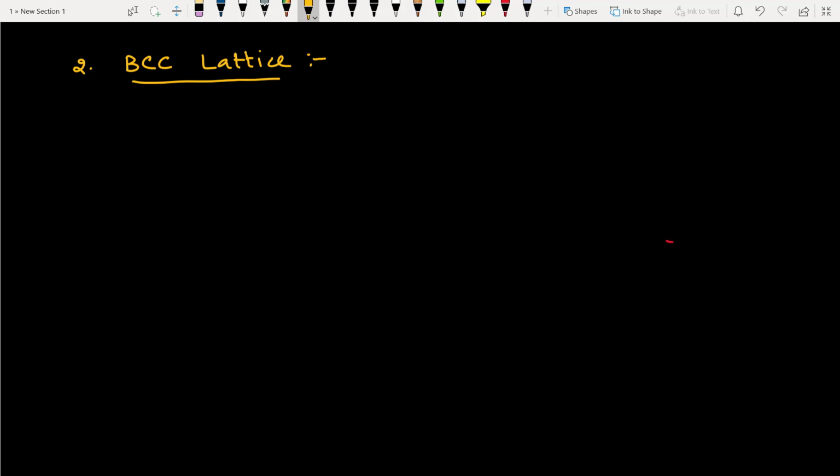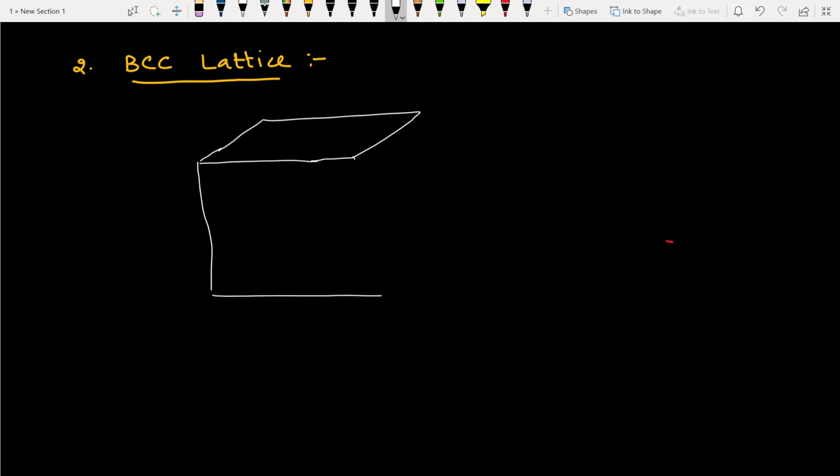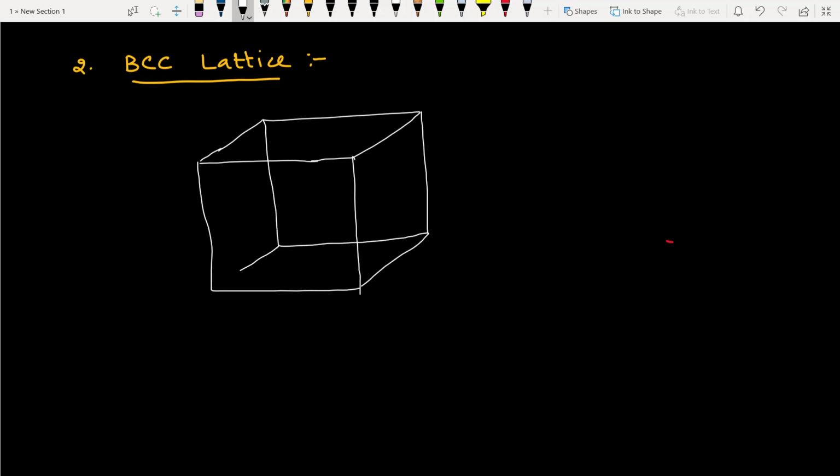In BCC lattice, body centered cubic lattice, atoms are present at the corners as well as at the center of the cubic arrangement.